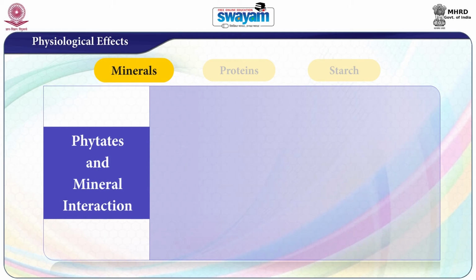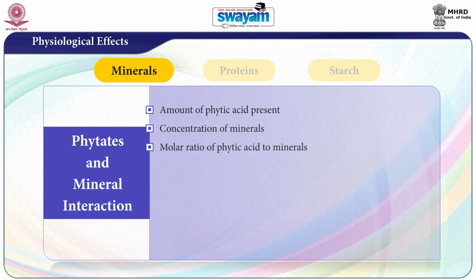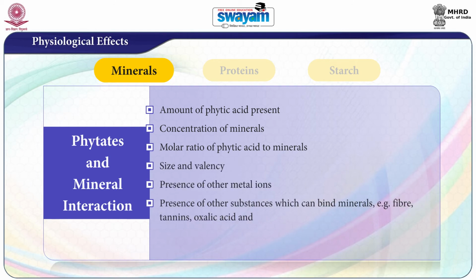The effect of phytic acid on mineral availability depends on numerous factors. They are the amount of phytic acid present, concentration of minerals, molar ratio of phytic acid to minerals, size and valency, presence of other metal ions, presence of other substances which can bind minerals, for example fiber, tannins, oxalic acid, and even processing methods used.